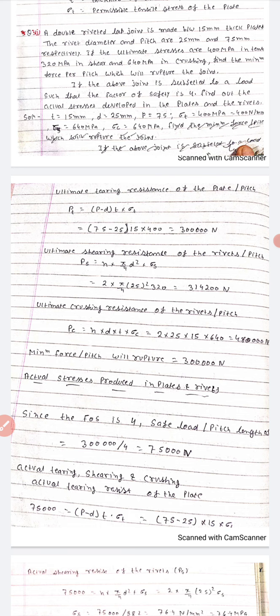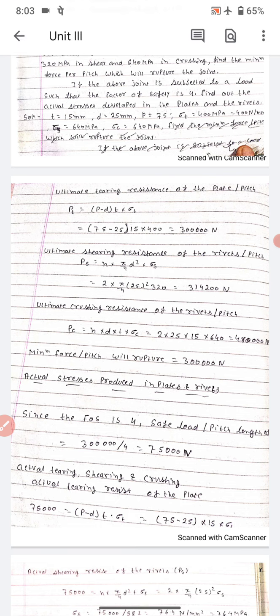This tearing resistance will be caused due to tensile stress, and the tearing resistance value will be (P minus d) multiplied with t, where P is the pitch, d is the diameter of the rivet, and t is the thickness of the plate.